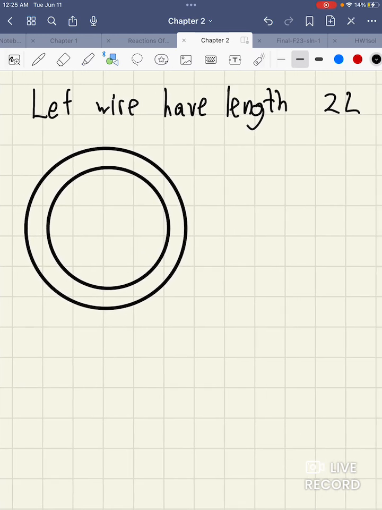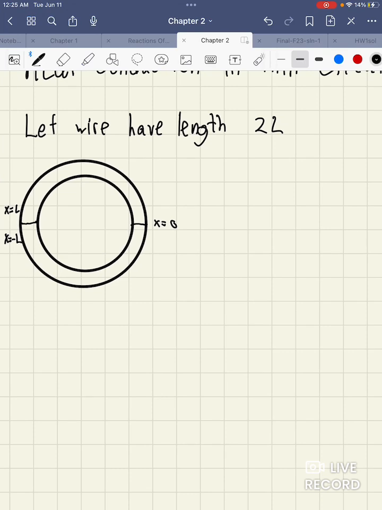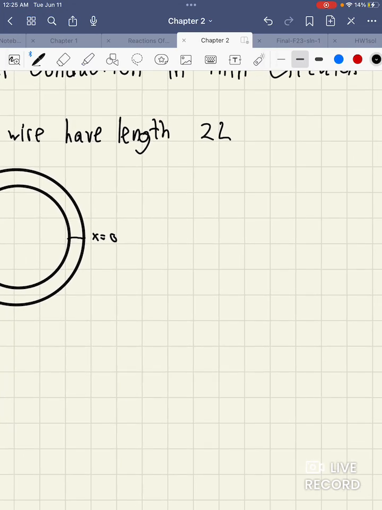Let's choose this point to be x equal to 0. Here above it's x equal to plus L, below is negative L. Since the length is 2L, our circumference is equal to 2L, therefore our radius is just equal to L over pi.